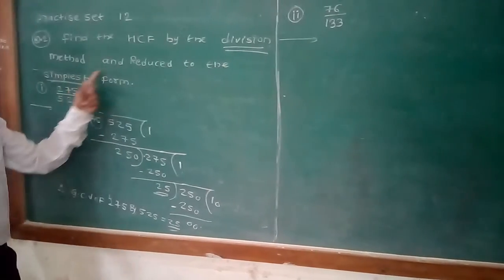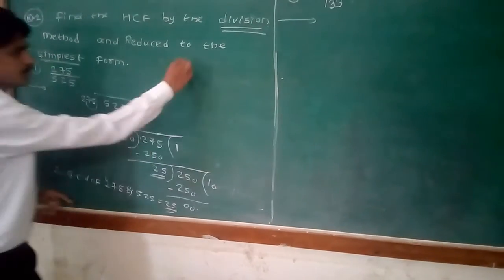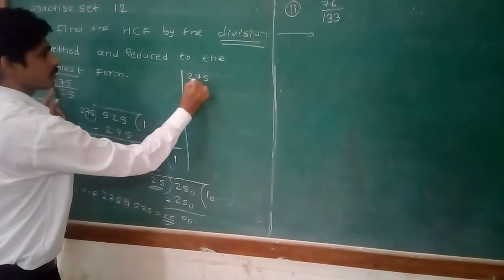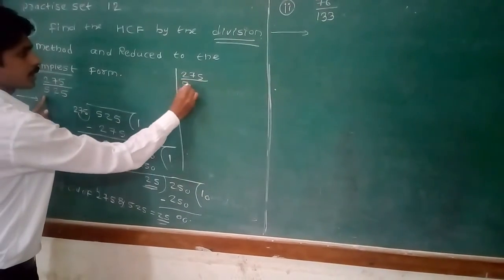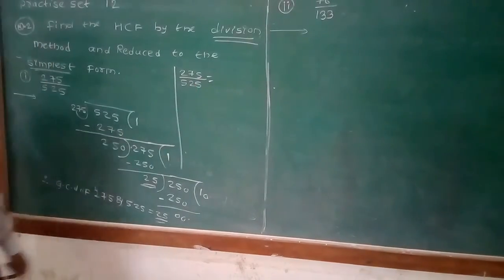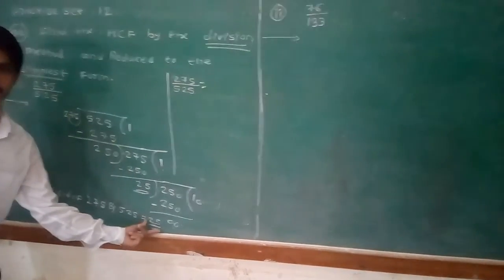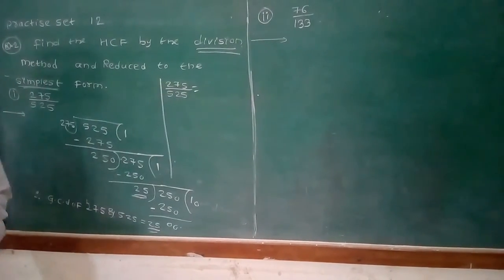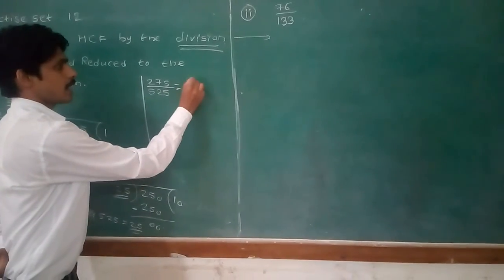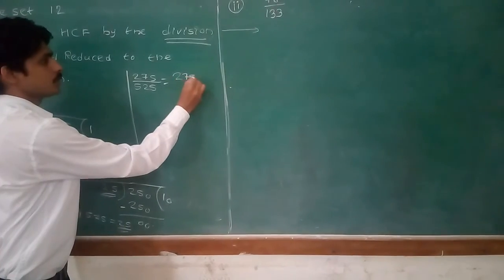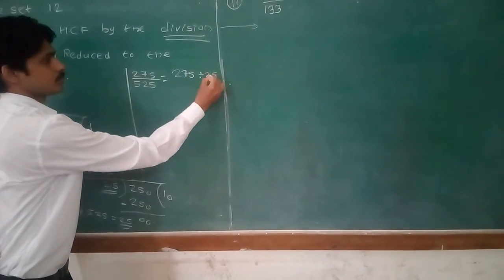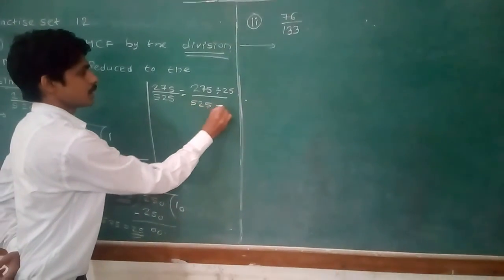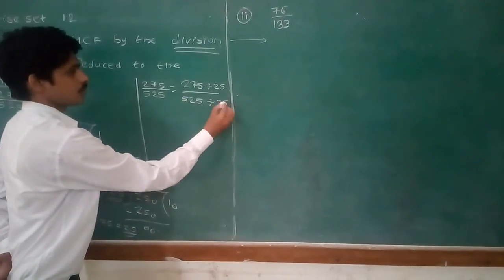Now next is the simplest form. So the number can be written as 275 upon 525. Here the GCD is 25, that is, 25 divides both the numerator and denominator. Therefore 275 divided by 25 and 525 divided by 25.